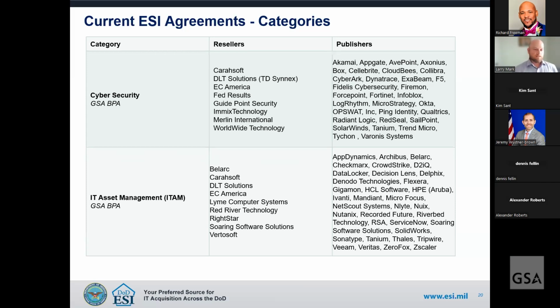So for instance, Carahsoft has several of these publishers, and another one may only have one. But the ordering guides will be very clear as to what publishers each reseller has.